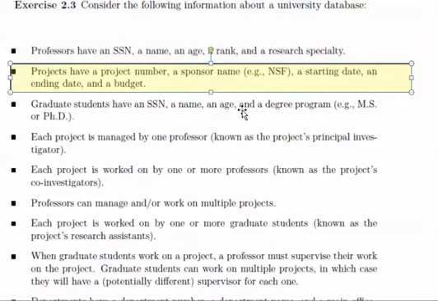Projects. So projects have a number, a sponsor, starting and ending date, and a budget. So this is another entity set and it's described by its attributes. Now look at what we have here in parentheses, NSF. We're not going to be able to capture that in the ER because this is a domain for a specific attribute, which is the sponsor name.